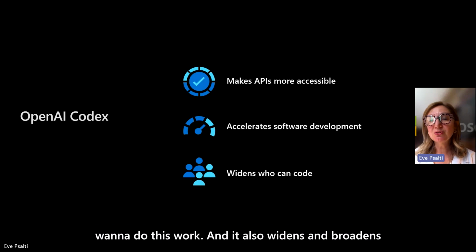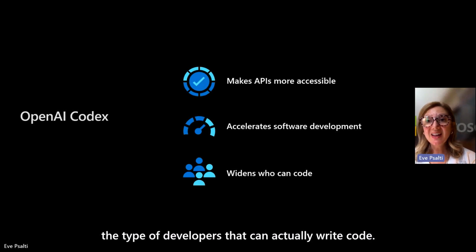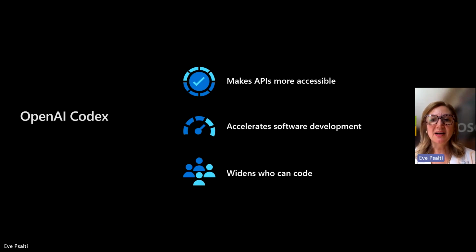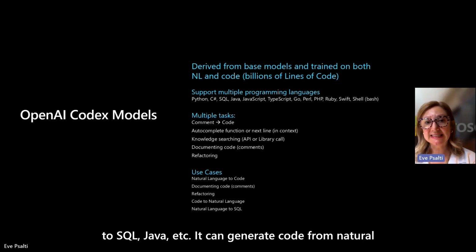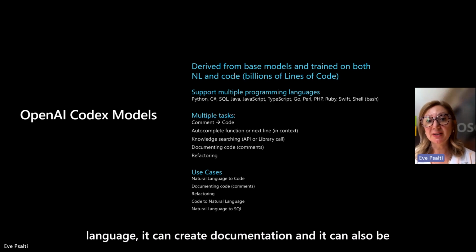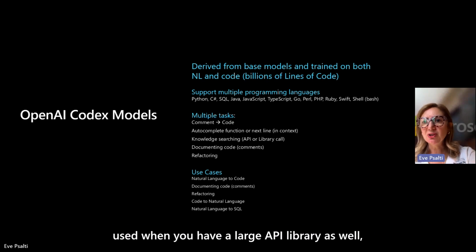And it also broadens the type of developers that can actually write code. It supports a lot of different programming languages, from Python to SQL, Java, etc. It can generate code from natural language, it can create documentation, and it can also be used when you have a large API library as well, which is really key.